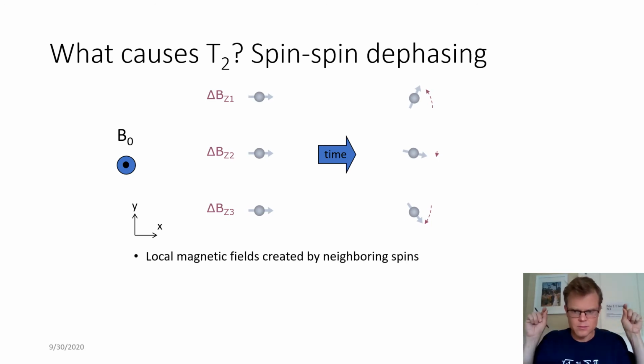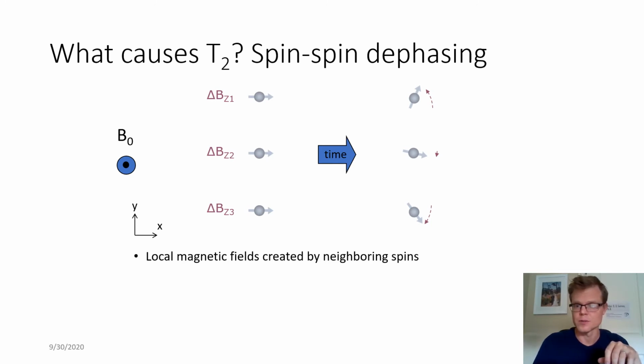Now we're looking at a microscopic, atomic or molecular level, and there are actually subtle variations in the magnetic field between spins. And so these different spins are going to rotate at slightly different frequencies.